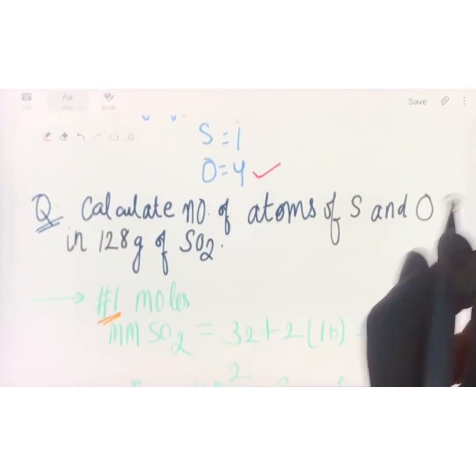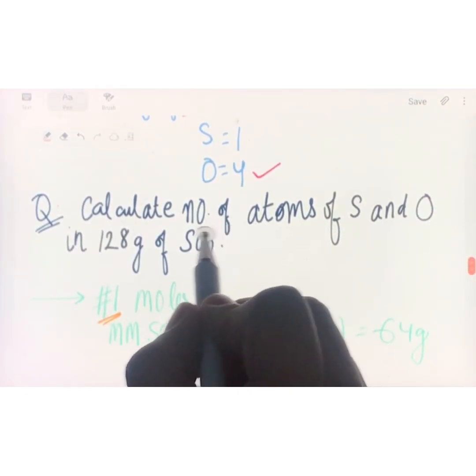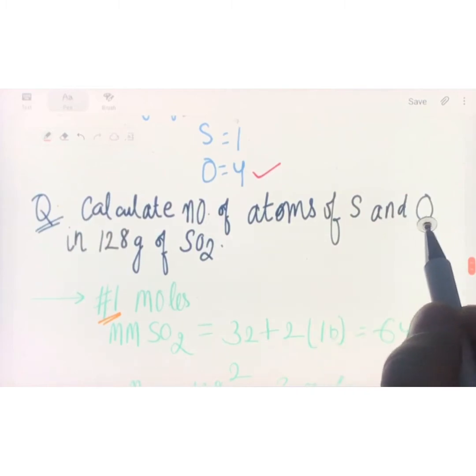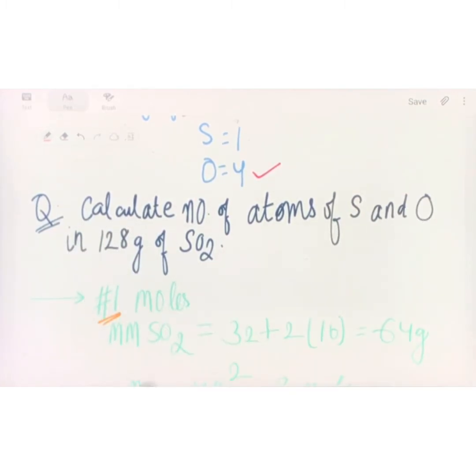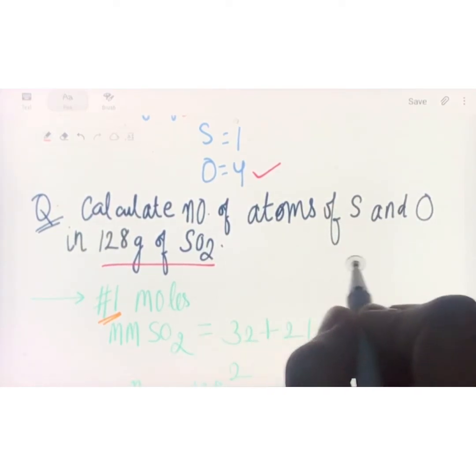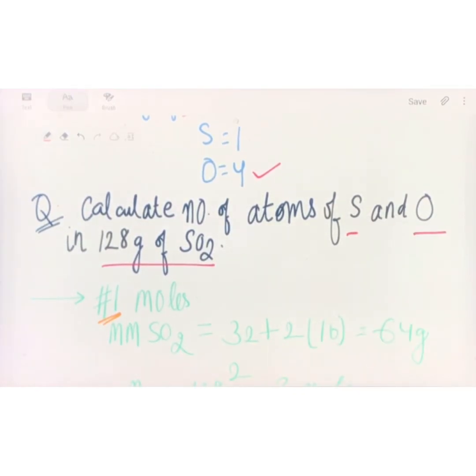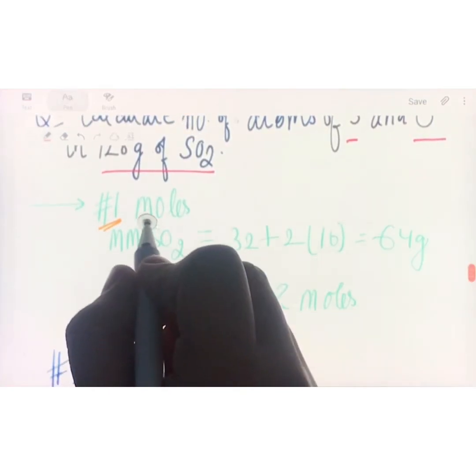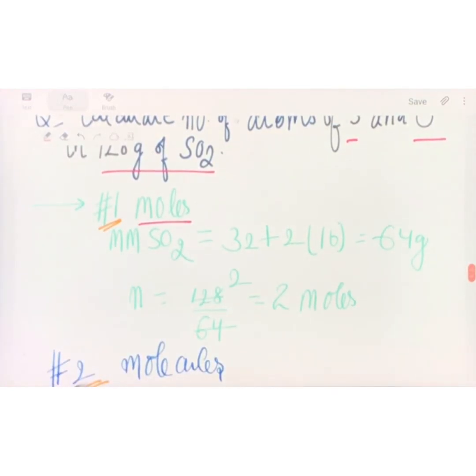Now comes the question on atoms. Calculate the number of atoms of sulfur and oxygen in 128 grams of SO2. First off, you have to calculate the number of moles. First, the molecular mass of sulfur dioxide.